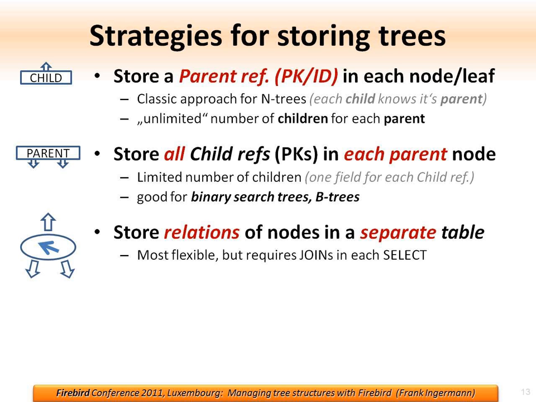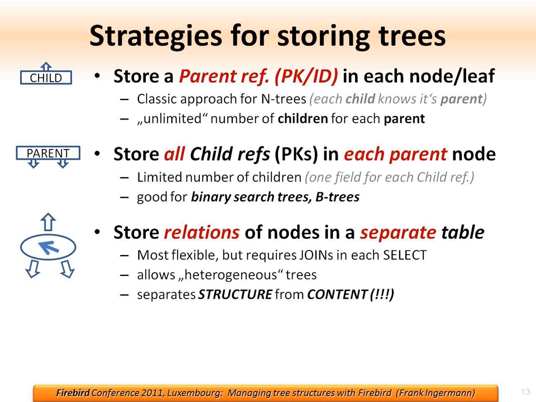But if you want to retrieve the tree data, you obviously need a lot of joins and subselects and stuff to put the real data for the nodes into your result set. And it also allows for a heterogeneous tree, so you can really spread the data throughout various tables. The basic feature here is that you separate the structure of the tree from its content. And that's quite important.